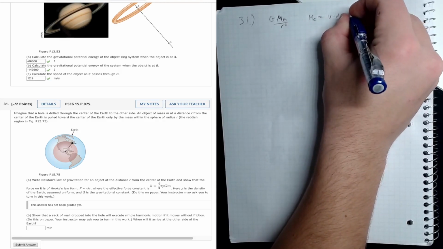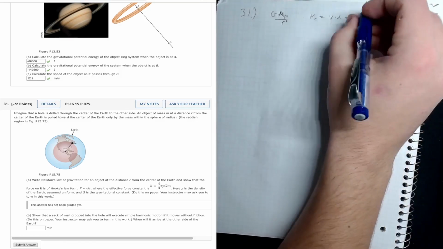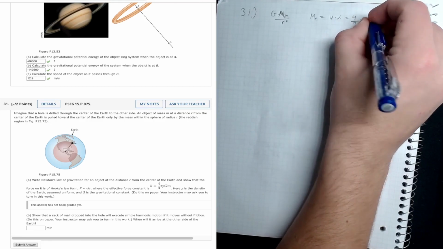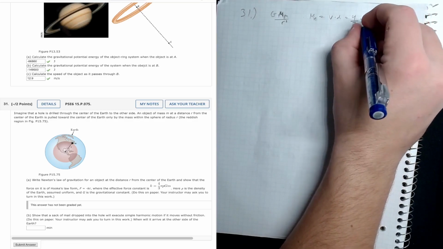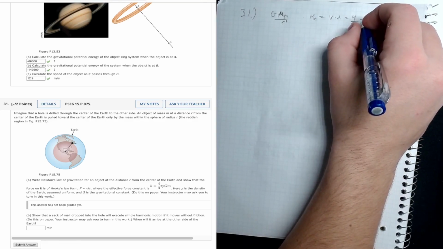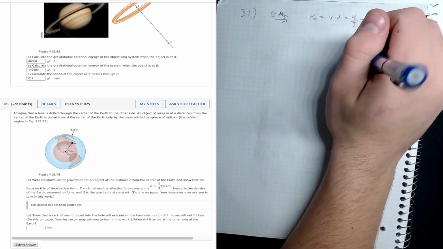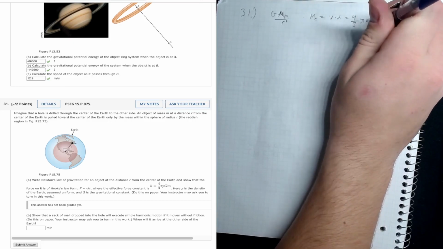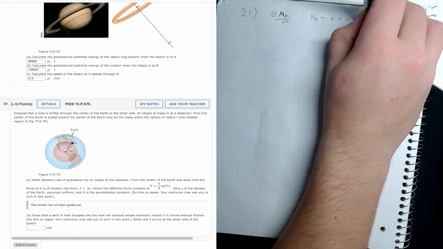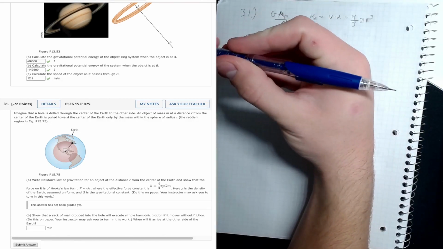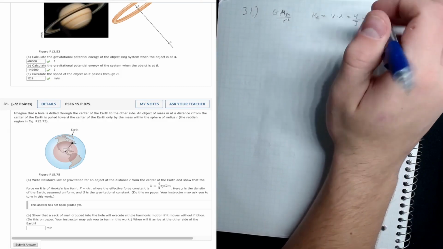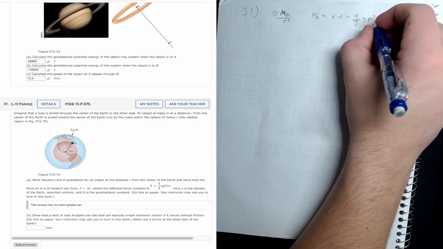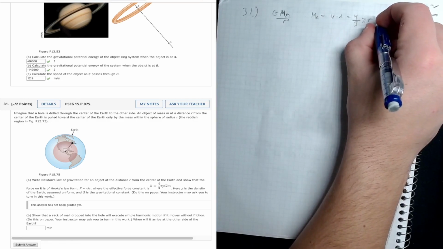The volume of a sphere is 4 thirds pi r cubed, where r is the radius of the Earth. So it's 4 thirds pi r cubed times the density, because that's the volume times density, which in this case is rho.